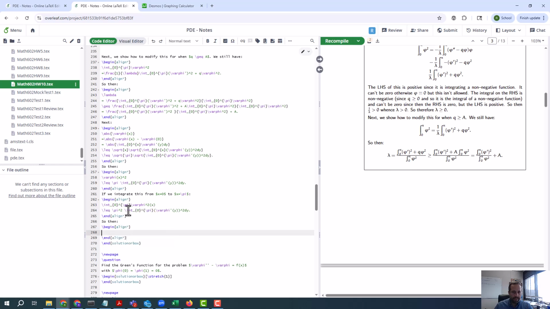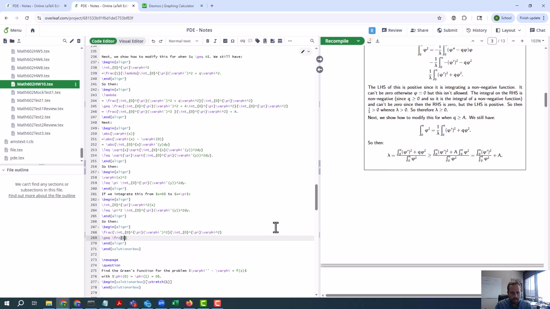what we get is that this, and now I'm going to get rid of the argument because the argument is not important now. It's just going to make things a little more confusing. Okay, so this divided by this is going to be greater than or equal to 1 over pi squared.